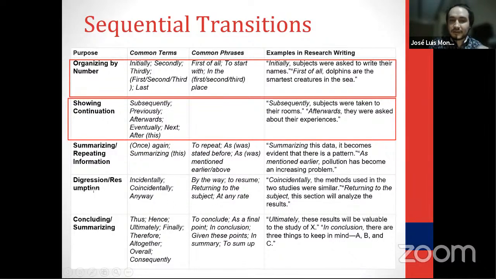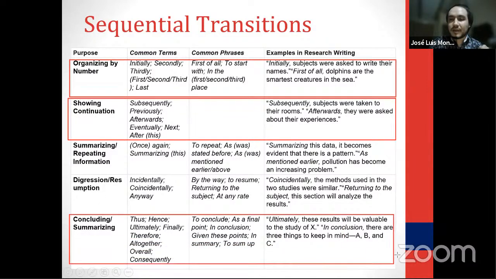Also this one, digression or resumption, no. And concluding, summarizing. These are the most important ones, all right? So organizing by number, showing continuation, and concluding and summarizing. And again, if you want, of course, you can use this, but it's not something that you use a lot in essays. The most that you use are these ones over here.